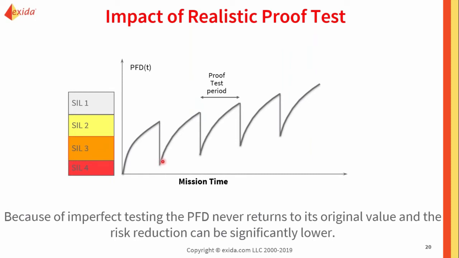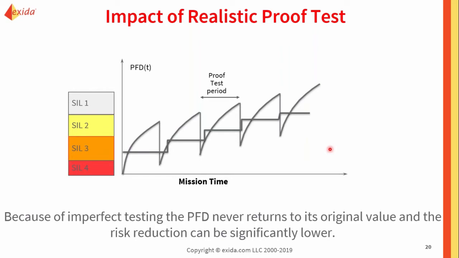We might find most of those hidden failures, but not everything. That time, you're going to start at this point, and the probability of failure will grow. Now, as you can see, each proof test will get a little bit higher and higher starting point. And that might not be a big deal, your first or your second proof test, but as the mission time goes on, that could creepingly get to be a big deal.